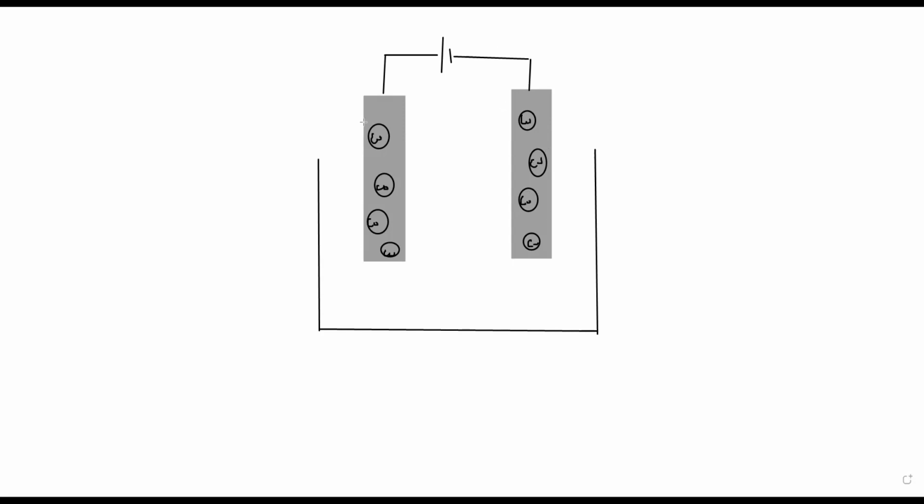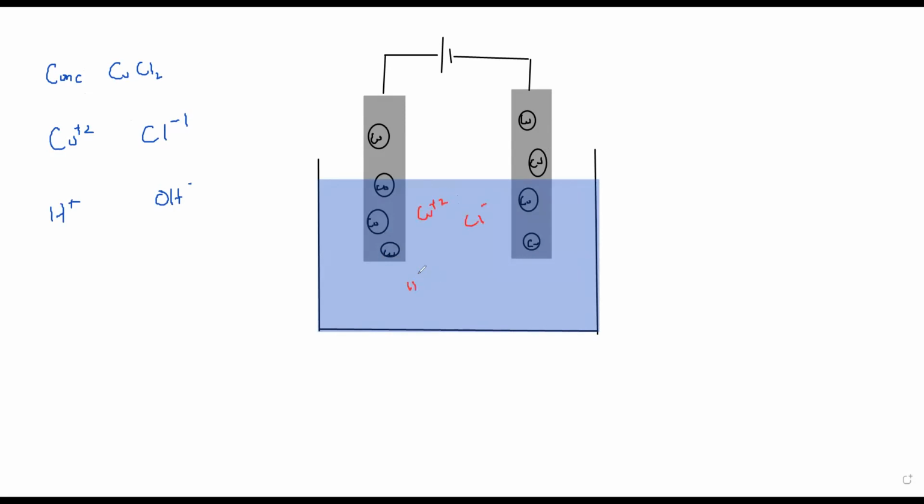Then the electrolyte, the solution, is copper. In this question, it is concentrated copper chloride. So it contains copper ions, chloride ions, hydrogen ions and hydroxide ions, because it dissolves in water, and water contains H and OH ions.